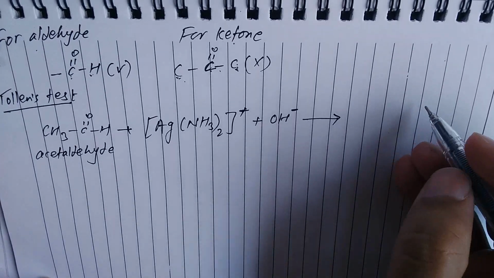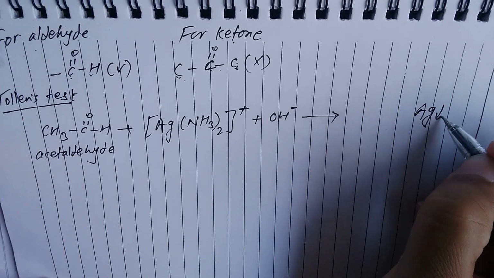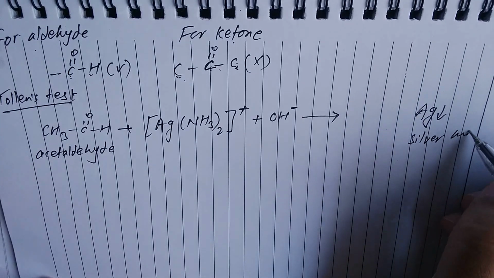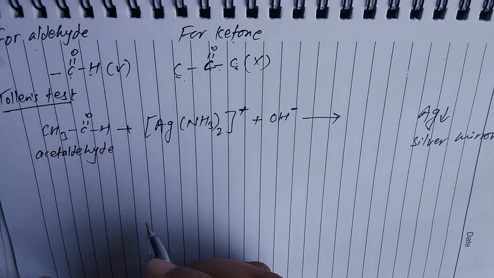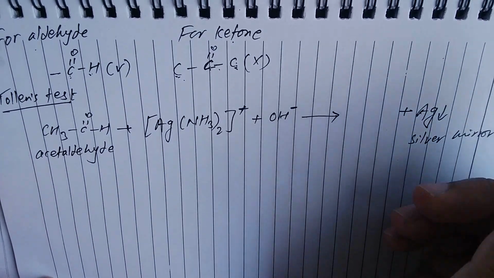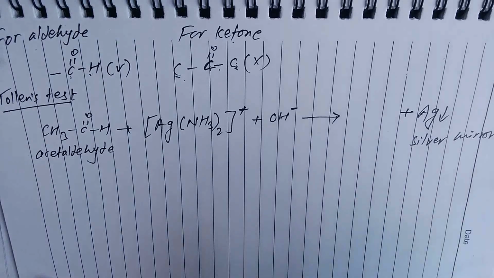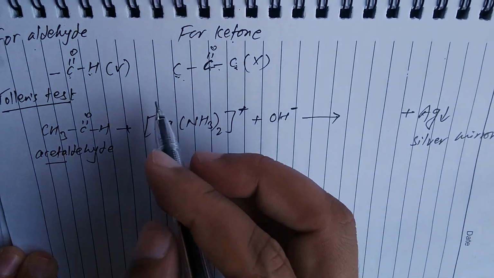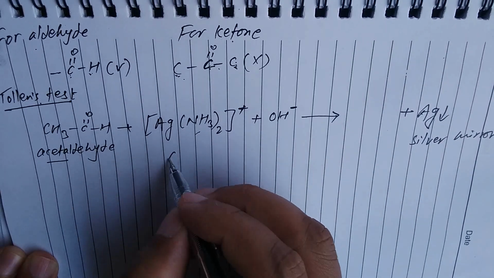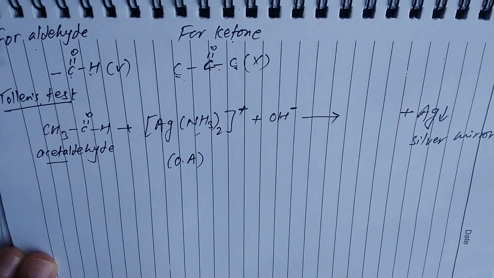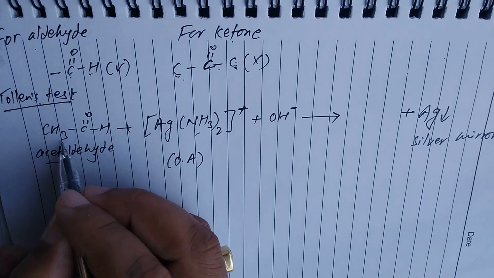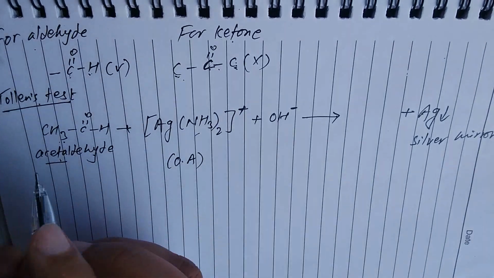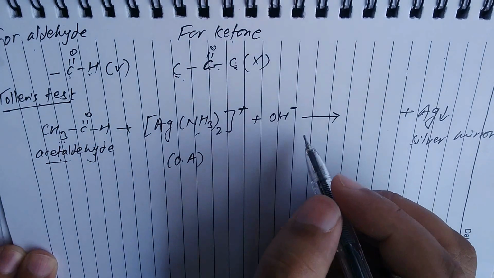We know that this silver mirror is Ag. And what are the other products formed? Let us see here acetaldehyde, and we know that Tollen's reagent is an oxidizing agent. So this acetaldehyde is oxidized to carboxylic acid, acetic acid.